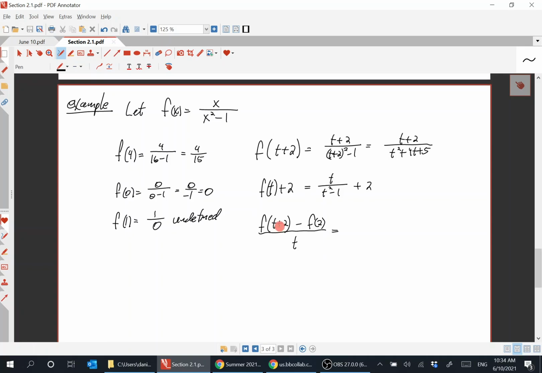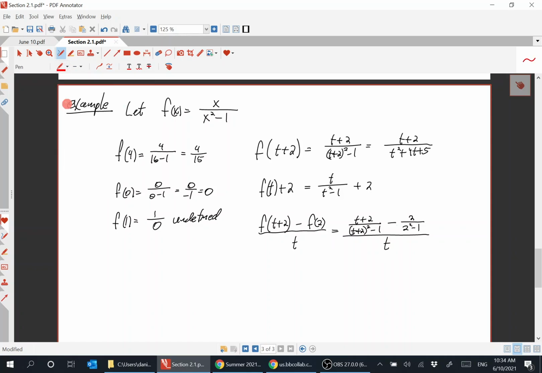All right, so f of t plus 2, well, we already did that one. That's this right here, right? So that's t plus 2 over t plus 2 squared minus 1. Minus, well, what's f of 2? 2 over 2 squared minus 1. The whole thing over t.